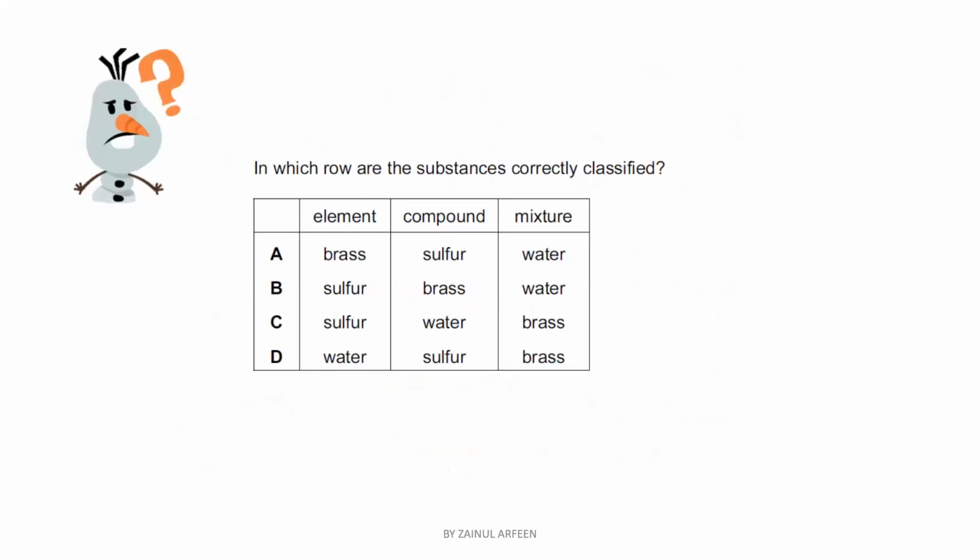In which row are substances correctly classified? So brass is an alloy or a mixture. Alloys are mixtures. So what could be the right answer?